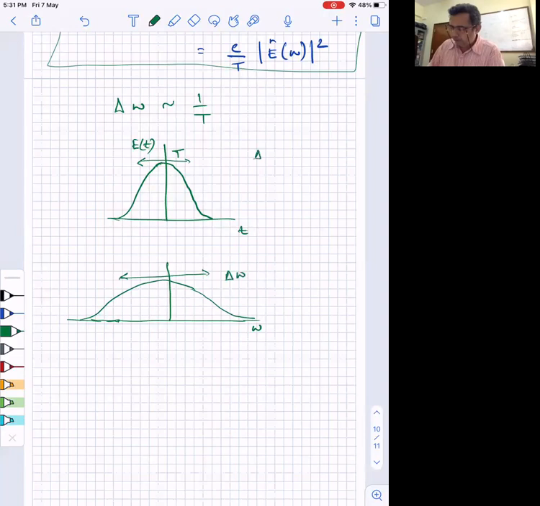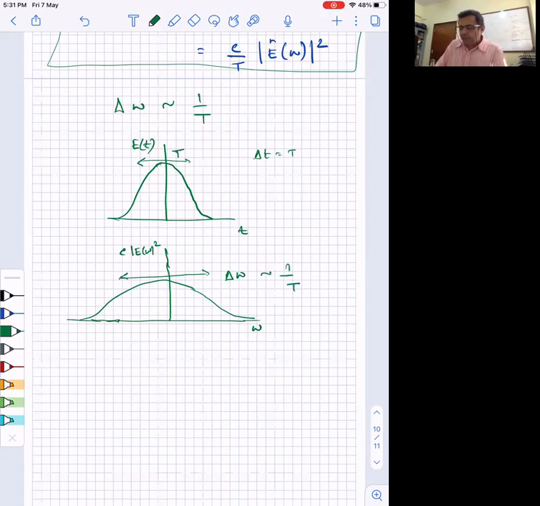So delta t is equal to T over here. This is the spectrum. So |E(omega)| squared is the spectrum. And this is basically 1 by T.